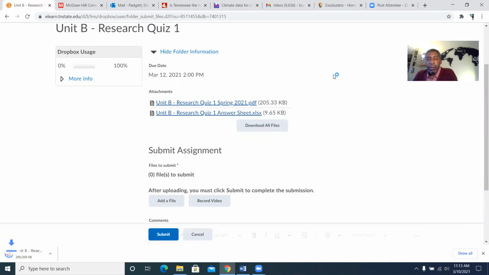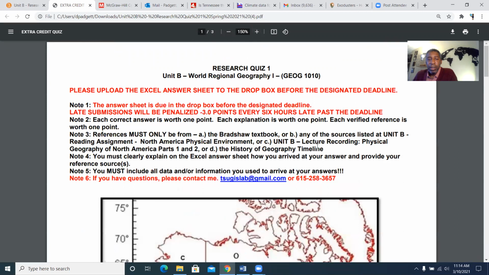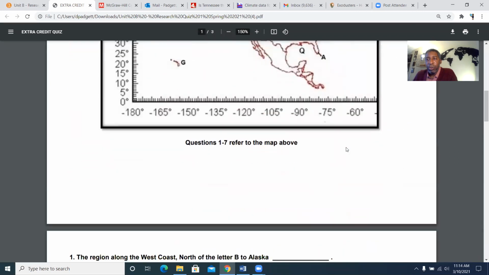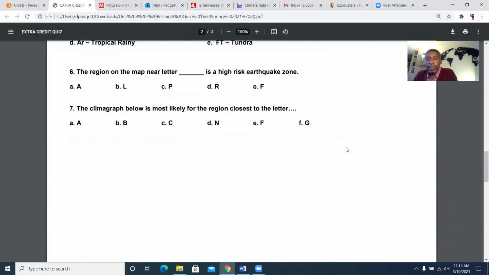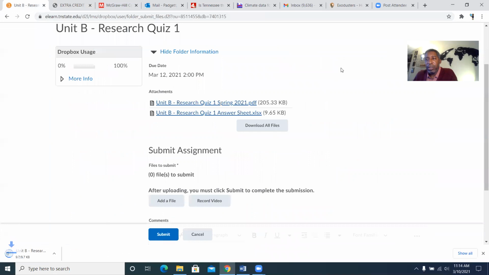You'll download the quiz. It's a PDF document, and notice it's a multiple choice quiz. Also, just like you had with the Unit A exam, you have an answer sheet.